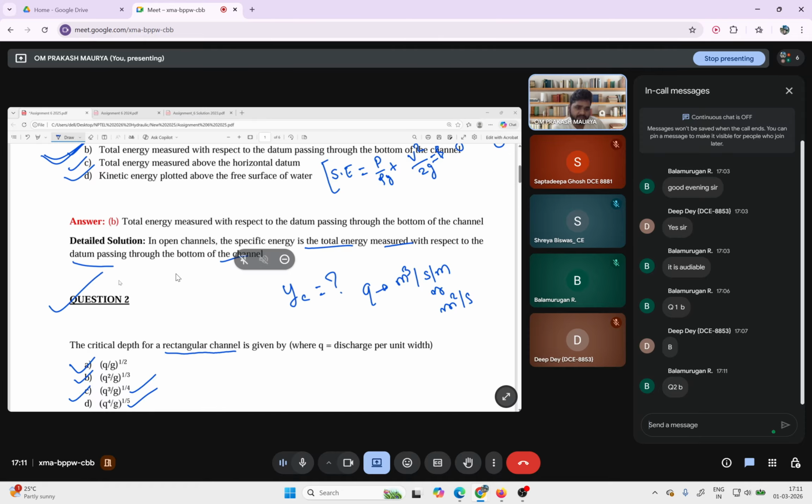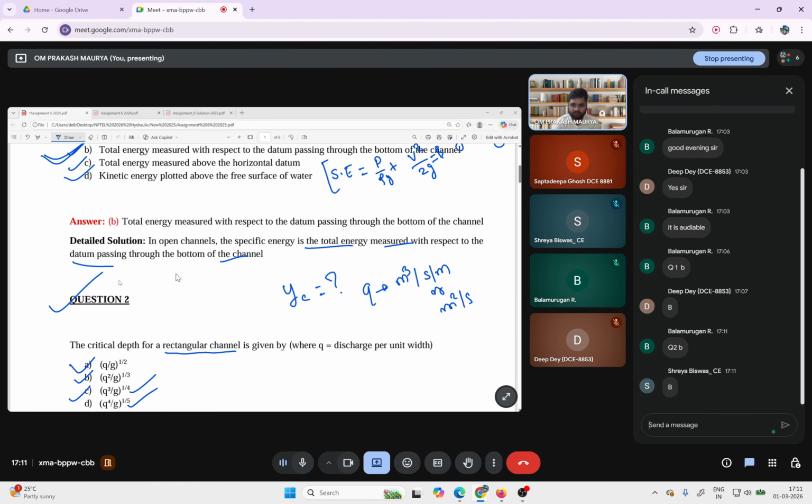Okay, Bala is telling option B for question number 2. Q square. Shreya is also telling option B. That's nice. Other participants, please also try to write your answer, whatever you know. Okay, Deep is also telling.